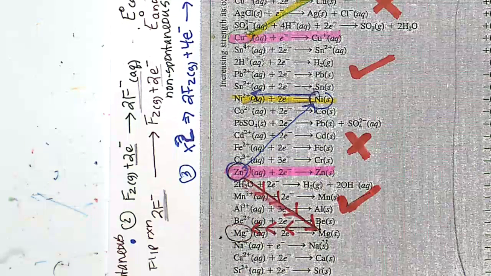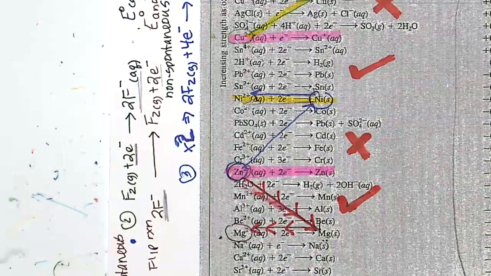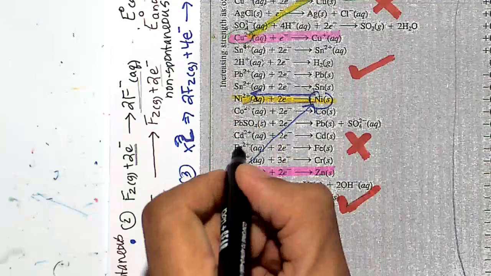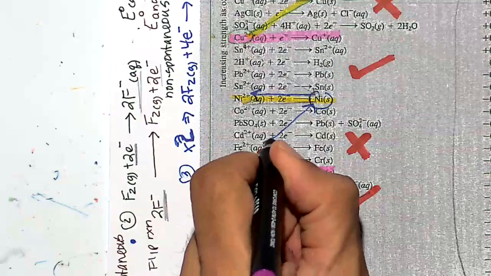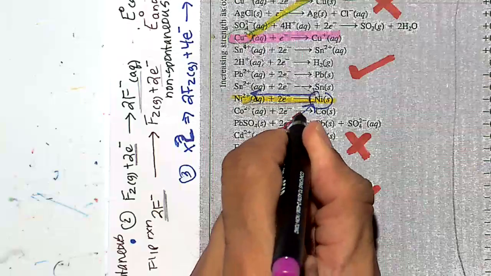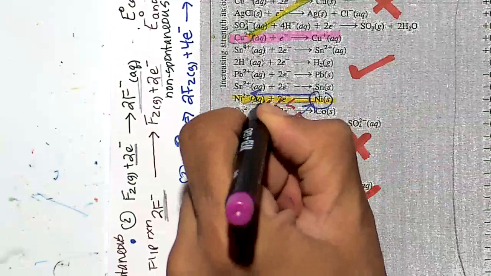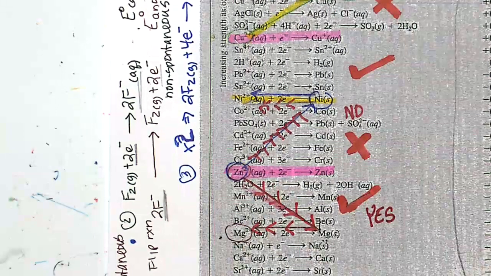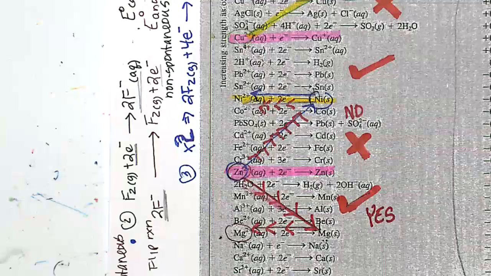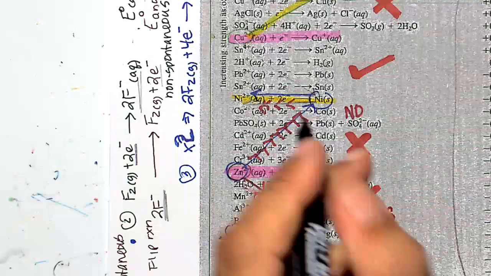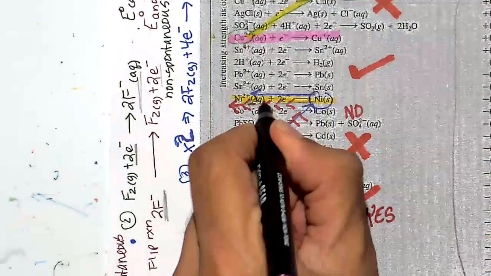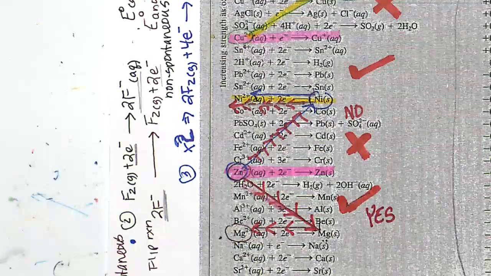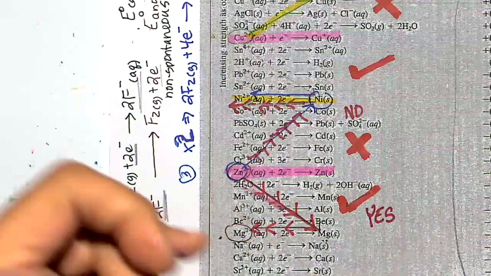So this direction is yes. The other direction, above it, is no. So this is how you read the activity table.